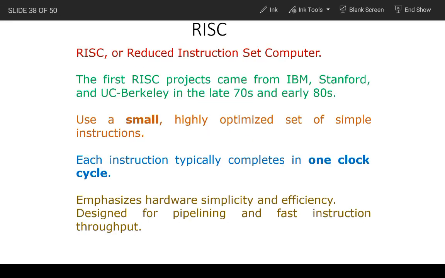RISC is a processor architecture that uses a small set of simple, fixed-length instructions. A processor performs arithmetic and logical operations such as AND, OR, NOT inside the processing unit registers.